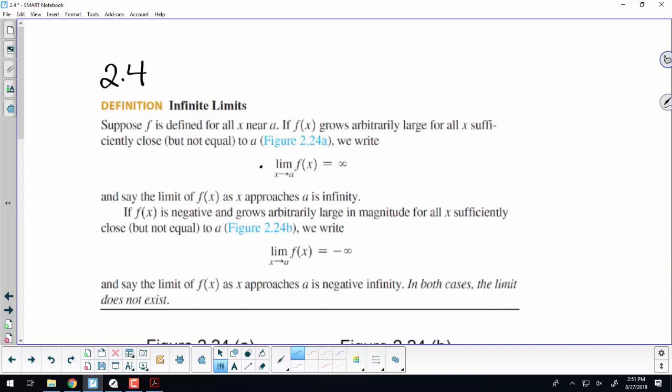In both cases the limit does not exist. You have to remember that a limit, if it exists, is a finite number.